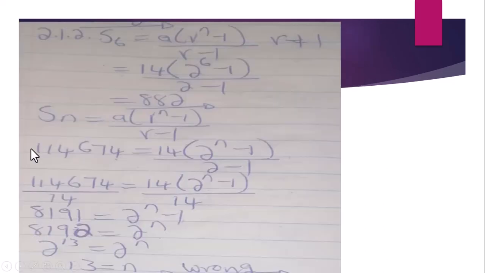So what I did first was to calculate the sum of the first 6 terms. Remember, it's a geometric series, and for the sum we use a times (r to the n minus 1) over (r minus 1), where r is not equal to 1. I have the first term, which is 14, I have my r, which is 2, and the number of terms is 6.